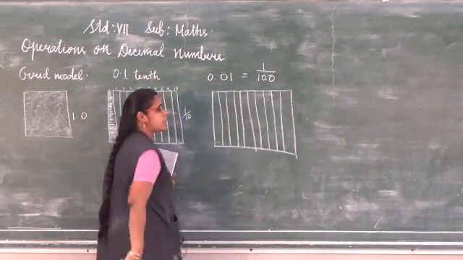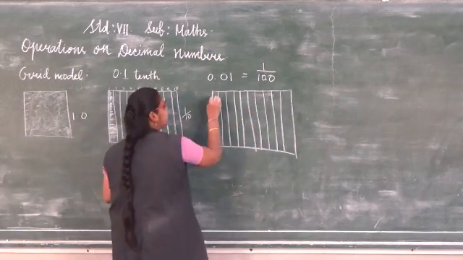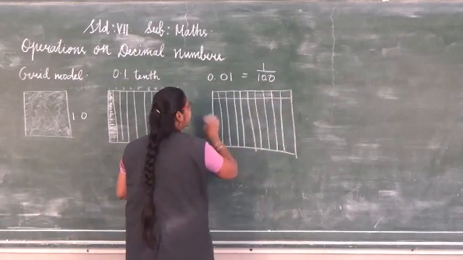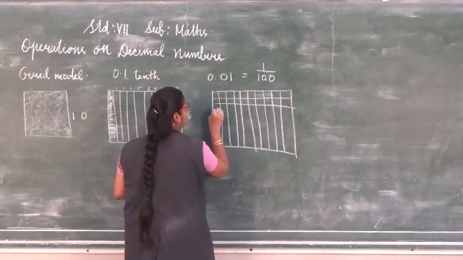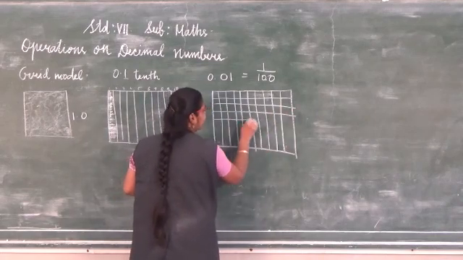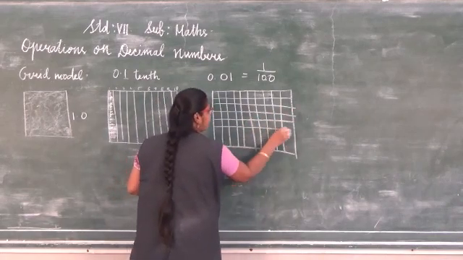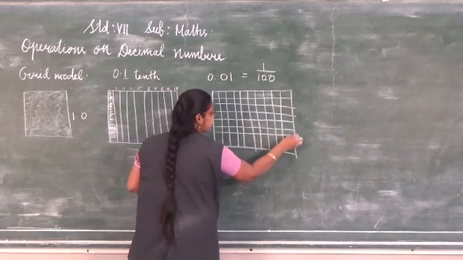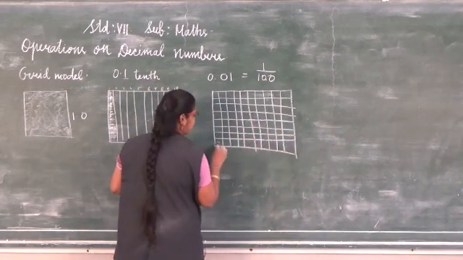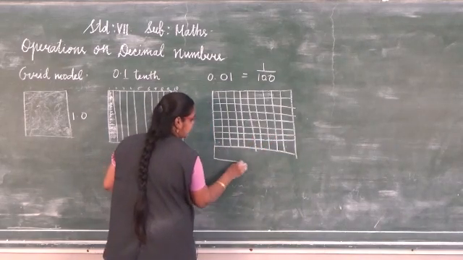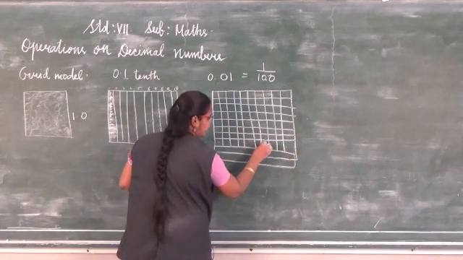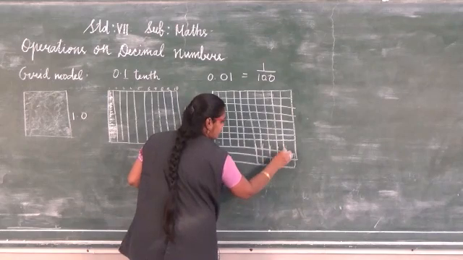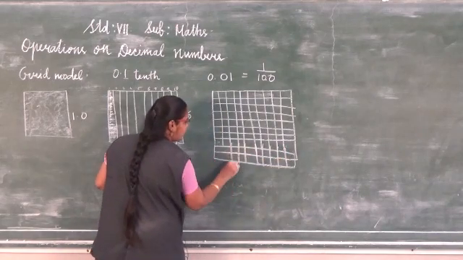So, 10 columns are there. Then we have to draw the 10 rows. 1, 2, 3, 4, 5, 6, 7, 8, 9 and 10.